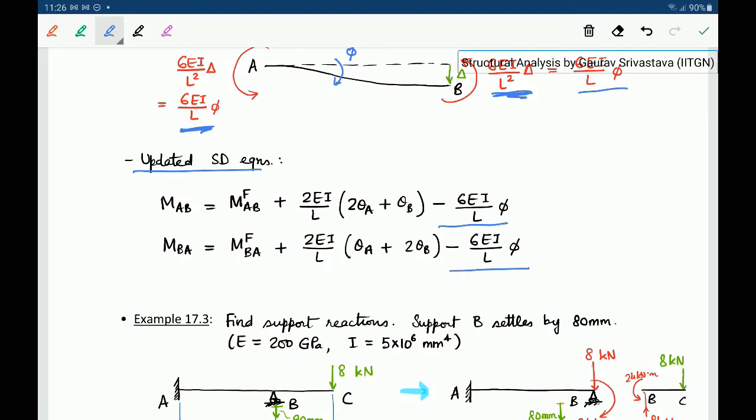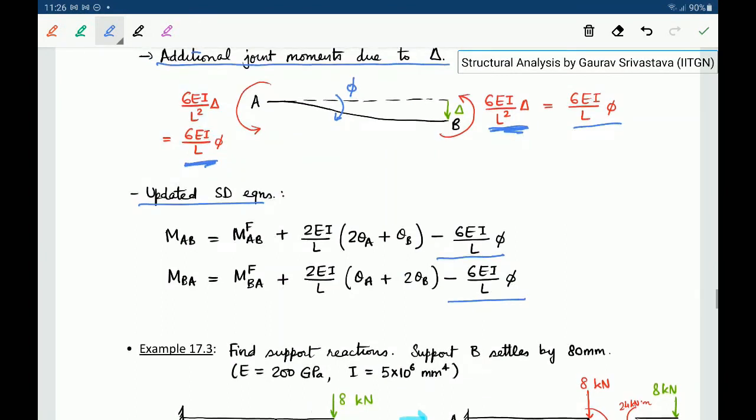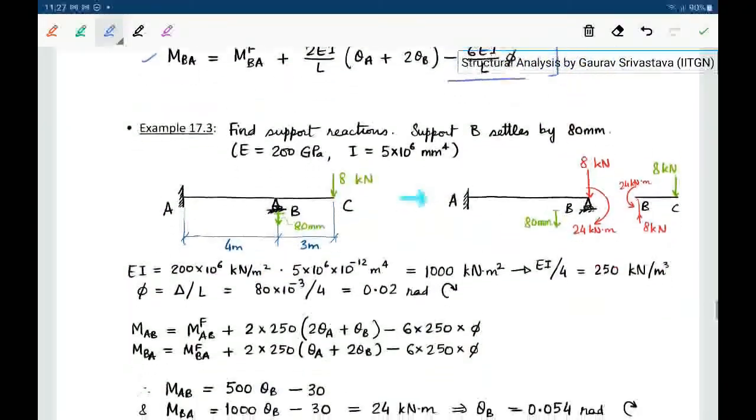This minus sign is coming because this moment is counterclockwise, whereas the phi is actually positive. Phi was clockwise, so for a clockwise phi, we have a counterclockwise moment. So we update the slope deflection equations like that. These are the slope deflection equations when we consider the effects of support settlements as well.